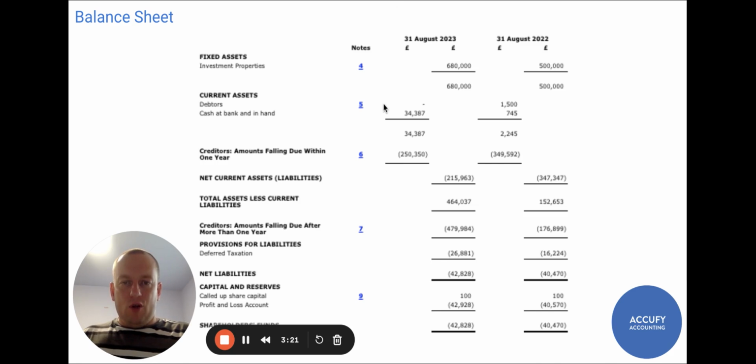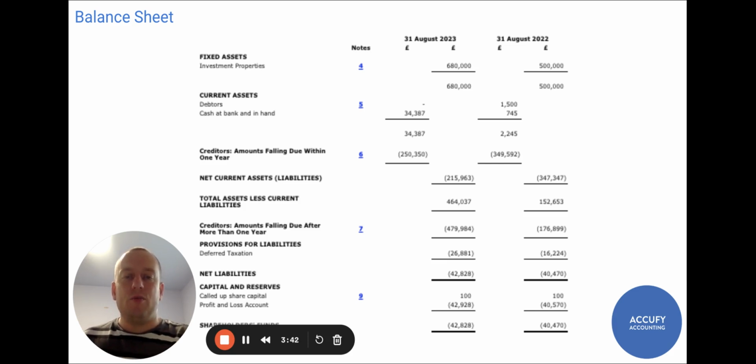We then have below that net current assets or liabilities. And basically that means simply it's the value of the current assets less the current liabilities. And very simply it shows the liquidity of the company and how easy it can pay off its short-term debts.